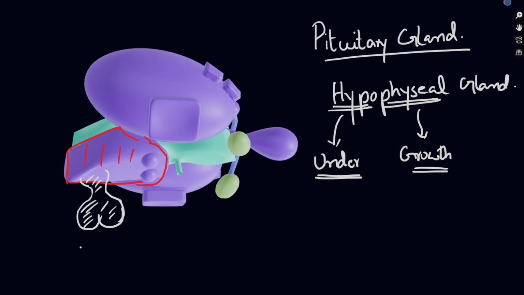Please note it has nothing to do with scrotum. It's just that its shape is like the scrotum, right? So it's an undergrowth below the hypothalamus at the ventral end of hypothalamus. So this is pituitary gland.